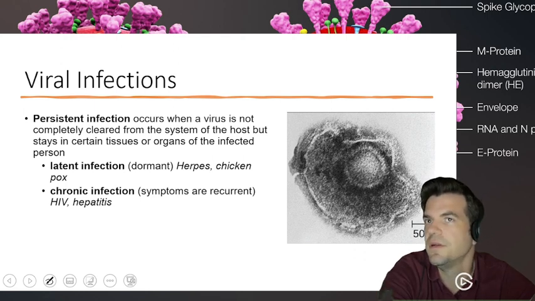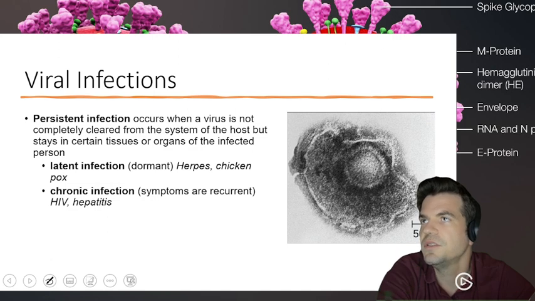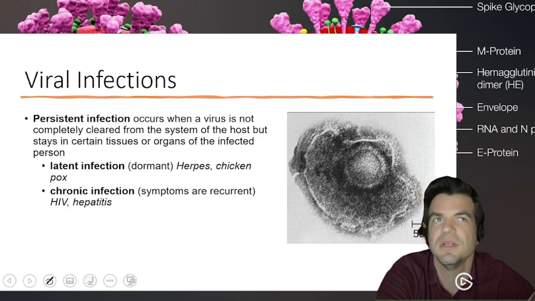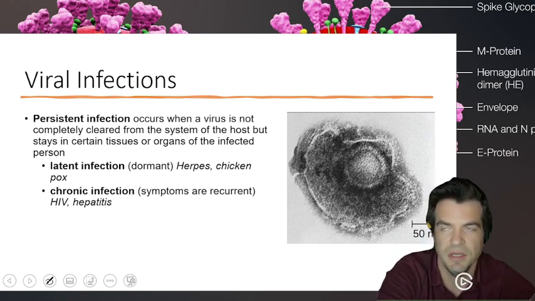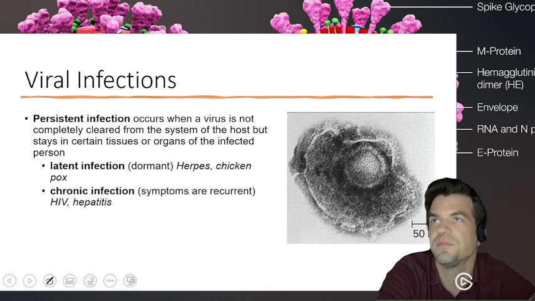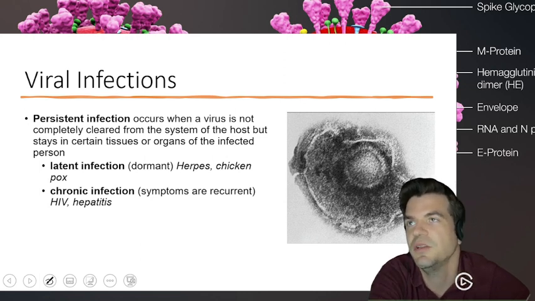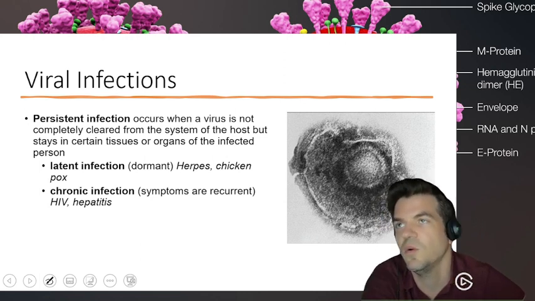And we will end the lecture on this slide with viral infections. The viral infections that we'll learn about down the road can either be persistent, which is HIV and herpes simplex, good examples, and they can either be latent or chronic.